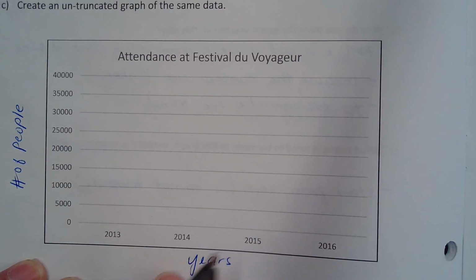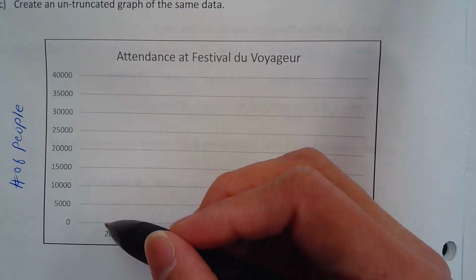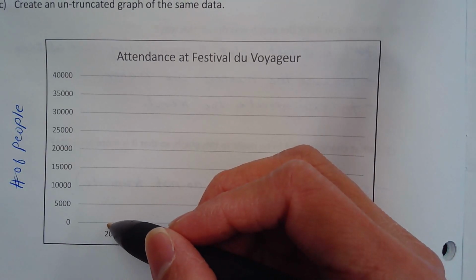Okay, so what does it say in 2013? This one here is already set up, starting at 0, and then it's going up by 500 each time. So 2013, it's 35,900.